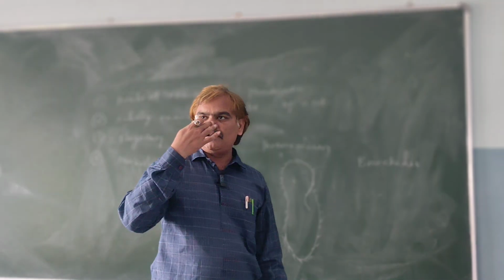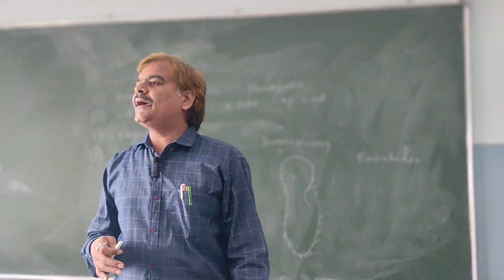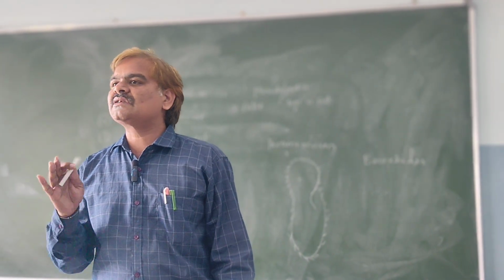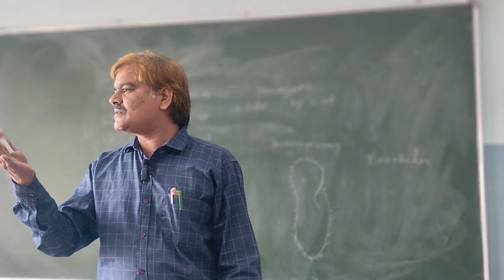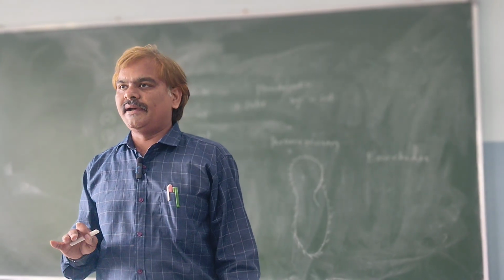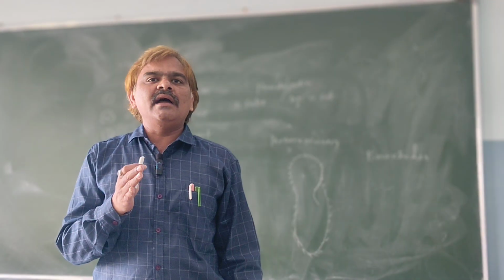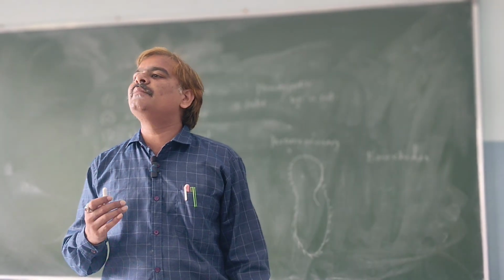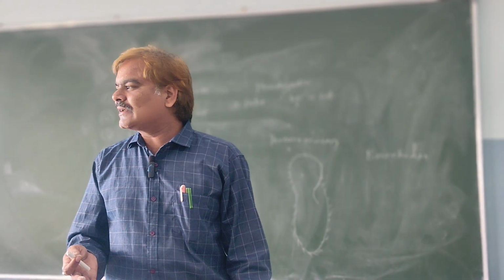Whenever we take a breath in, along with the air, dust particles as well as microorganisms also come in. So the dust particles and foreign particles have to be eliminated from our body. At that time, what will happen?